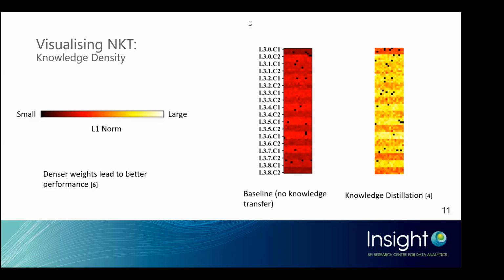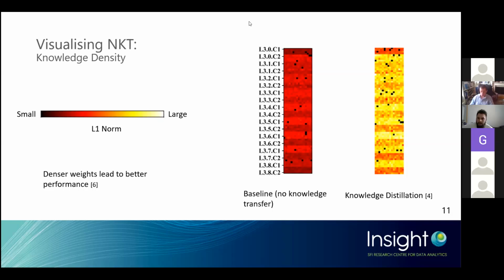When you're training a neural network, naturally, as part of backpropagation, some of the weights will go dead, and some of them will end up with low values. This is a problem that they tackle in model compression, where they try to prune out these dead neurons, dead weights. But it's also been shown that if you use neural knowledge transfer methods, you'll naturally increase the size of the weights, and that actually leads to better performance.